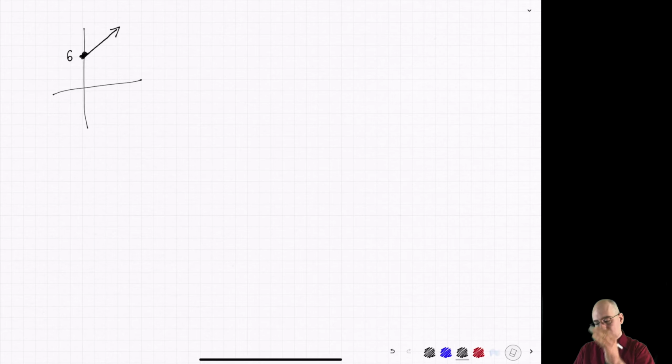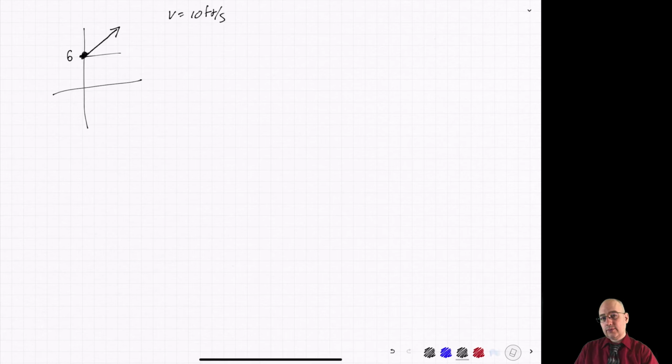It's got a direction here, and we'll say that it always comes out at, say, I don't know, 10 feet per second. So it's kind of like 10 feet per second.